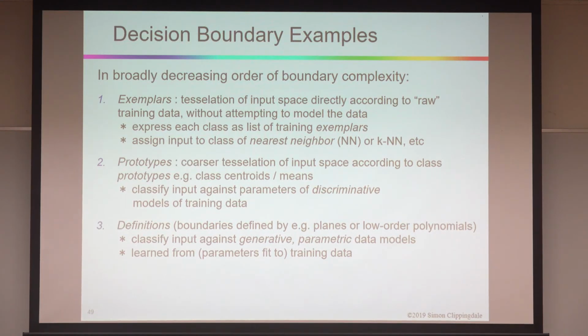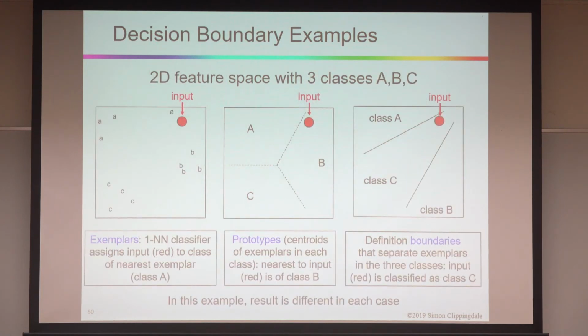So there are a number of different ways that you can do this. I'll just go on to the next slide first. Here are 3 different ways of splitting up a feature space. Here we've got a training set with examples of little a's, little b's, and little c's. Now, each of these is one feature vector.